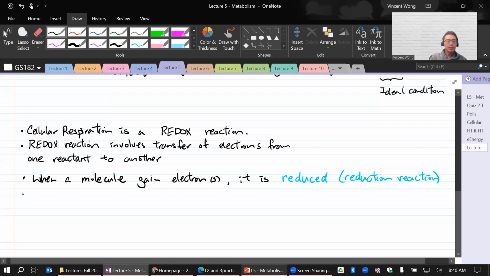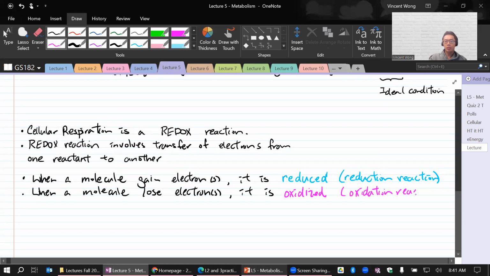On the other hand, when a molecule loses electron or electrons, it is oxidized. Okay. Oxidation reaction.